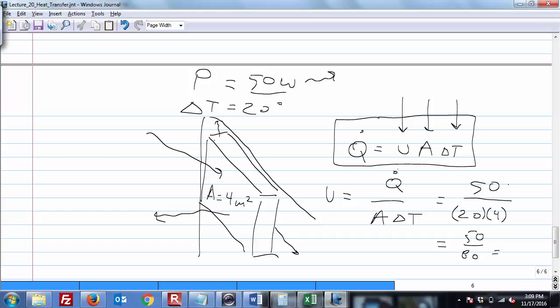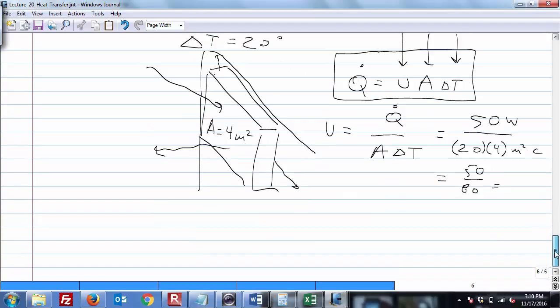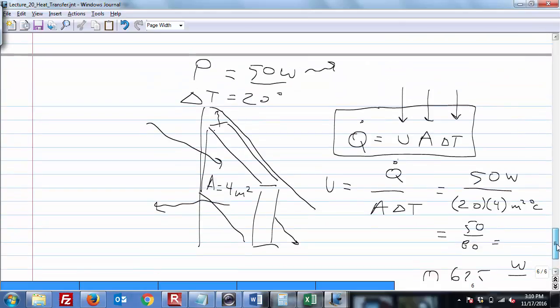So you've got your 50 watts, 4 meters squared, and then that's degrees C. So we end up with 50 divided by 80 equals 0.625, and that's going to be watts per meter squared degrees Celsius. Okay, so that's the answer on that one. That's what I'm looking for.